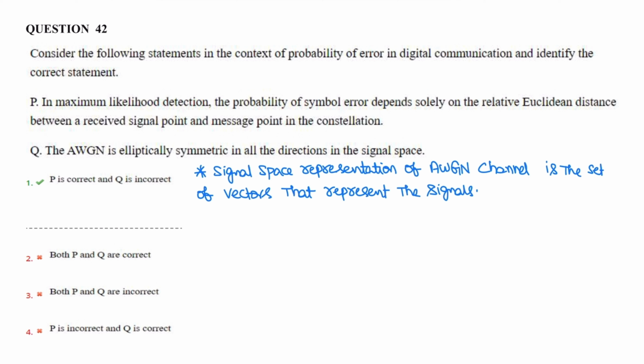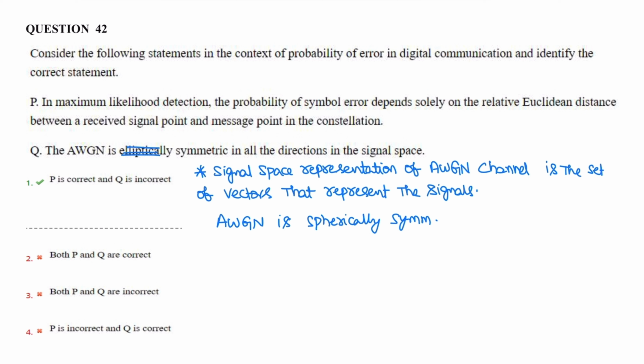The AWGN is elliptically symmetric in all directions in signal space. The signal space representation of the AWGN channel is a set of vectors that represents a signal, and AWGN is spherically symmetric in all directions. So this is not elliptically, it is spherically symmetric in all directions in the signal space.